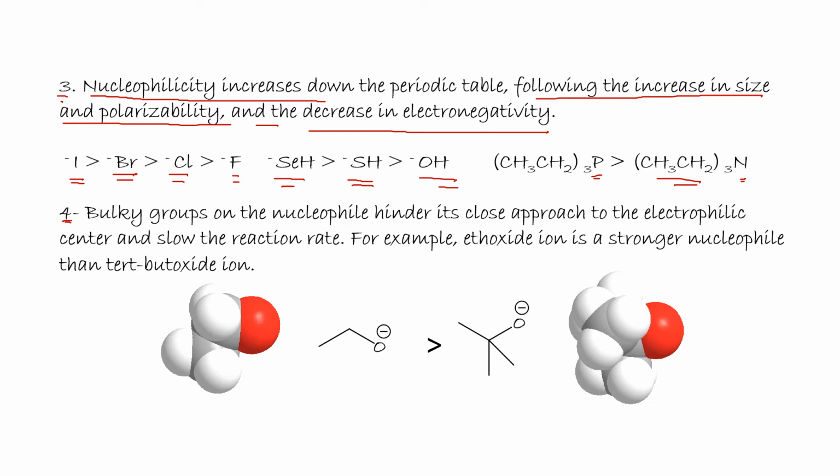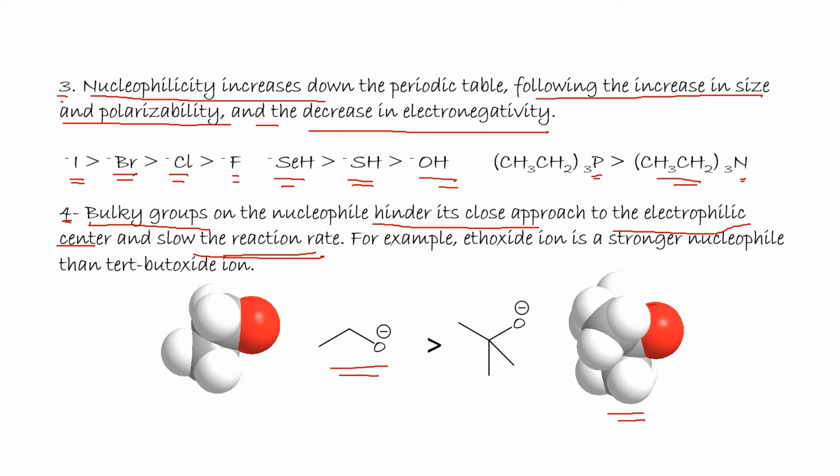Point number 4, bulky groups on the nucleophile hinder its close approach to the electrophilic center and slow the reaction rate. For example, ethoxide is a stronger nucleophile than tertiary butoxide.